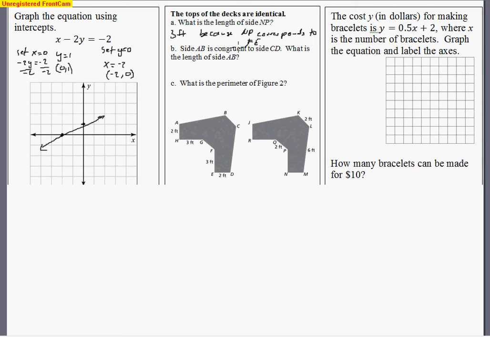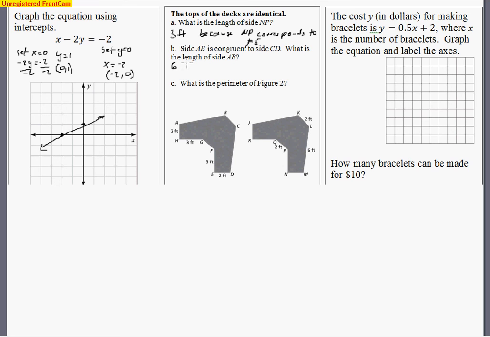And so moving on to the next one, AB and CD are congruent. So AB and CD are the same. What is the length of AB? Well, I look over here to find the corresponding side. It's not given to me. But CD is congruent to AB. So that means JK and LM are the same as well. So I'm going to say it's 6 feet. Or actually, yeah, it's 6 feet.